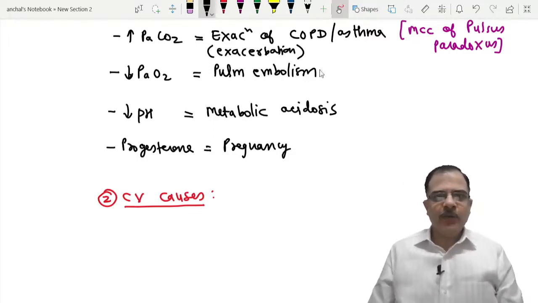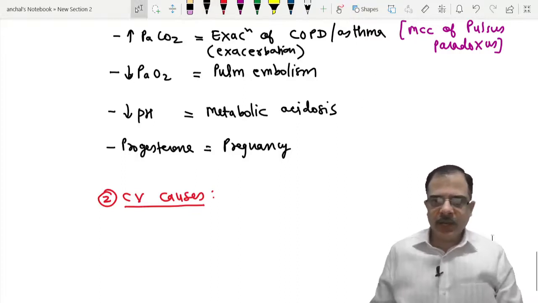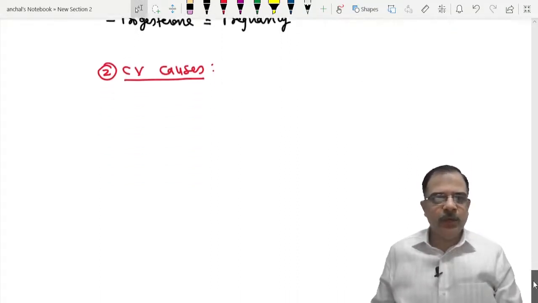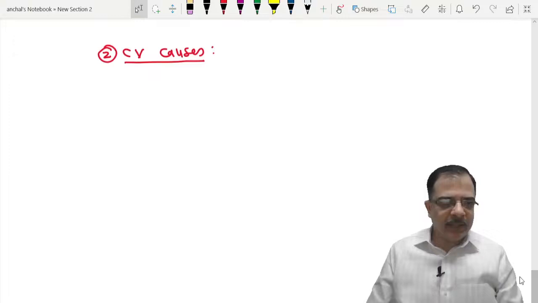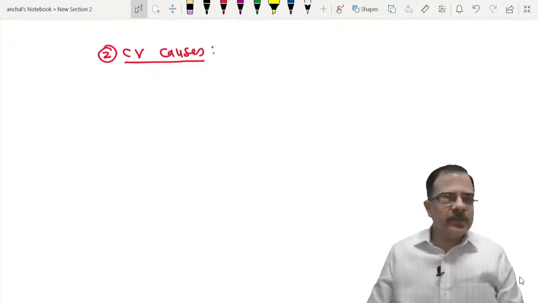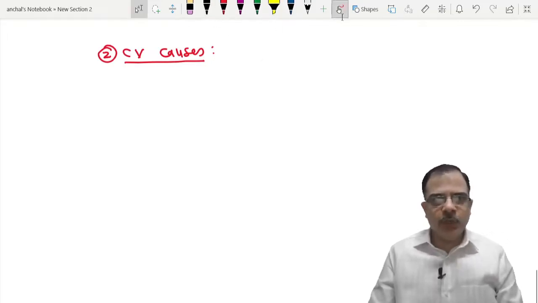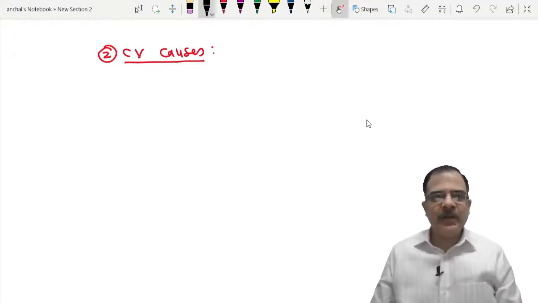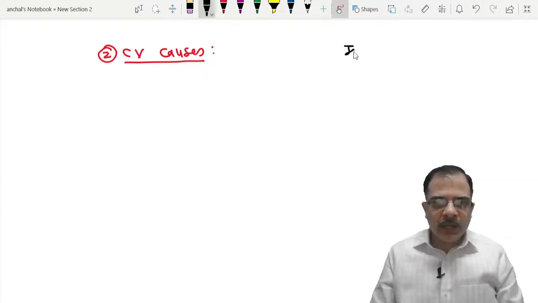So in the cardiovascular causes, there are three important causes. So we need to understand first the physiology of ventricle filling. This is a simple diagram to know the normal physiology during the inspiratory phase. So focus on the inspiratory phase mainly.